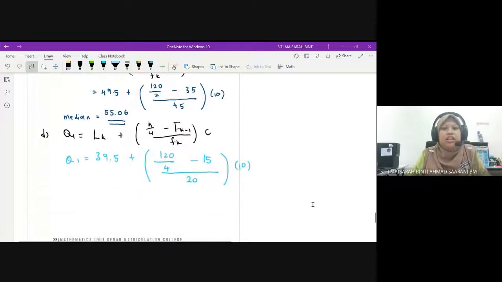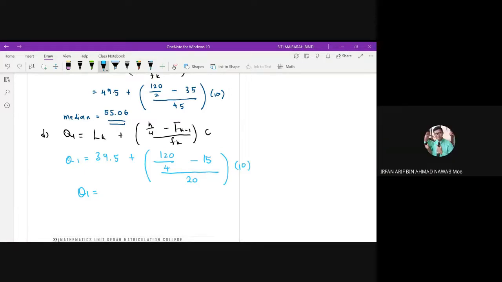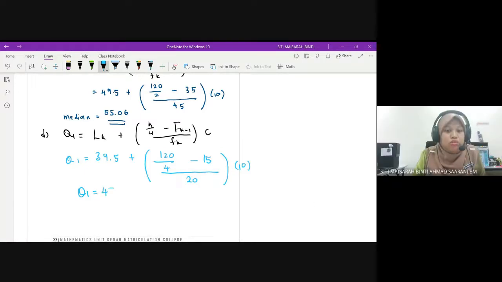Your Q1 is equal to 47. So the Q1 here is 47.